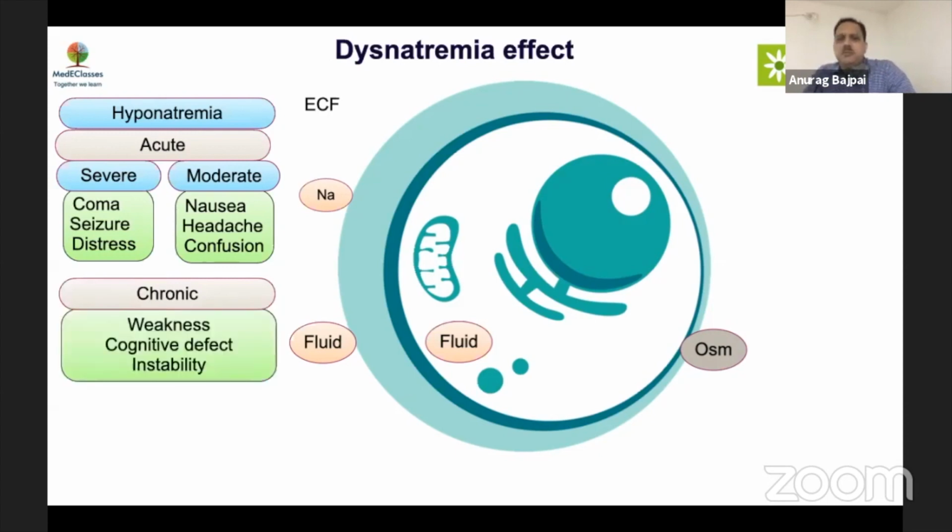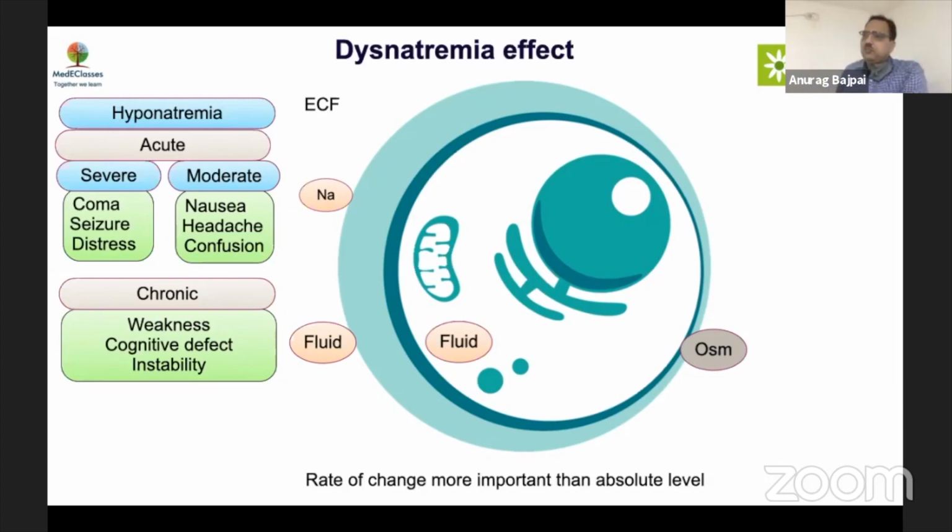So in chronic hyponatremia, the symptoms become less, but they can be there, like weakness, gait instability, and cognitive defects. Therefore, the manifestations of hyponatremia depend not only on the level of sodium, but also on the rate of fall. This is very important to understand from a clinical perspective.